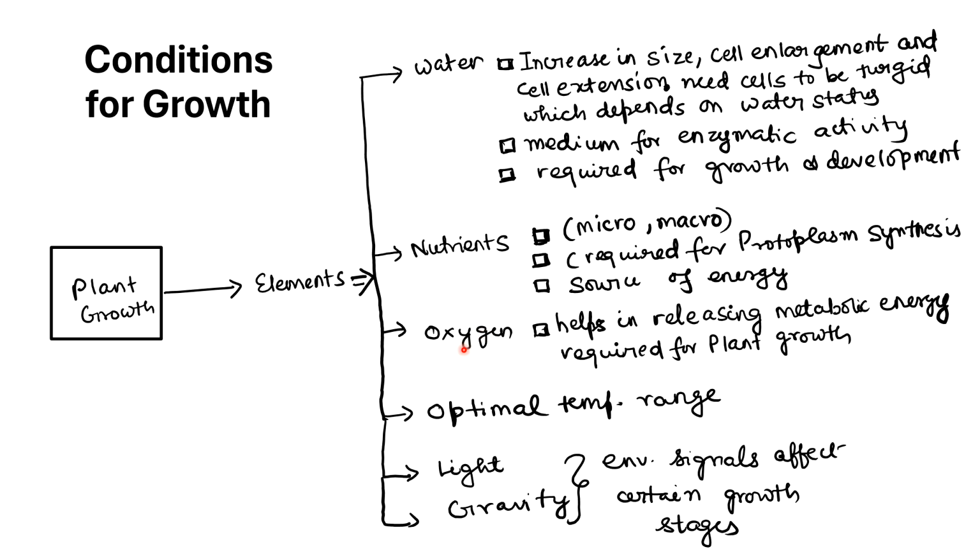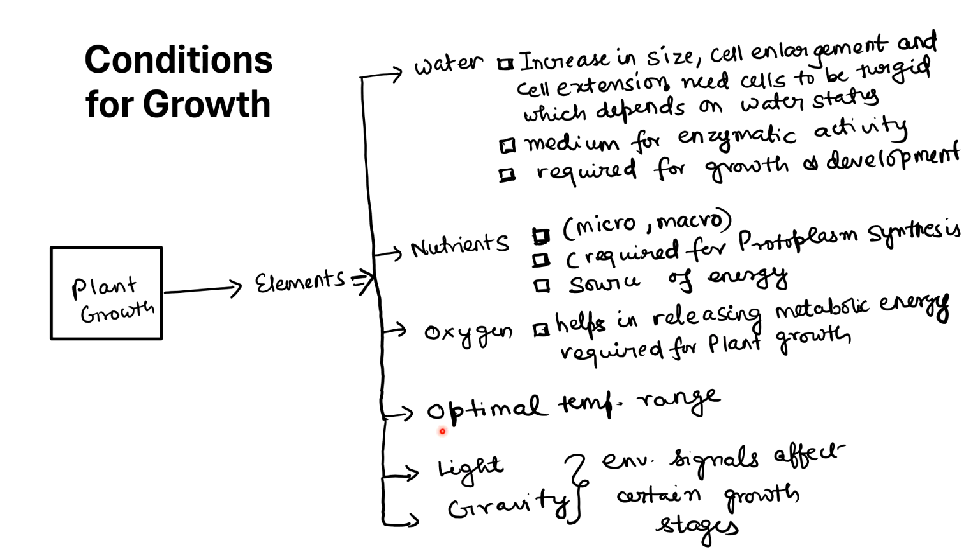The third important condition for growth is oxygen. Why is oxygen essential? Because oxygen helps in carrying out respiration and hence releasing metabolic energy. And we know respiration needs a lot of energy. That's why we know that plant growth needs a lot of energy, and oxygen is very essential for plant growth.